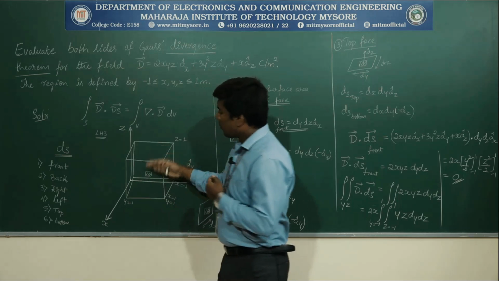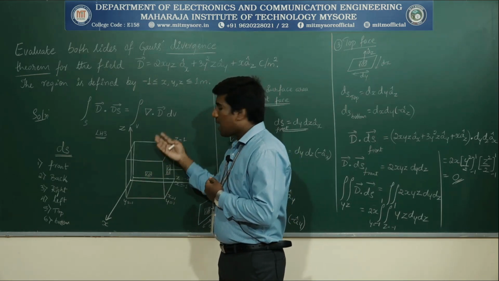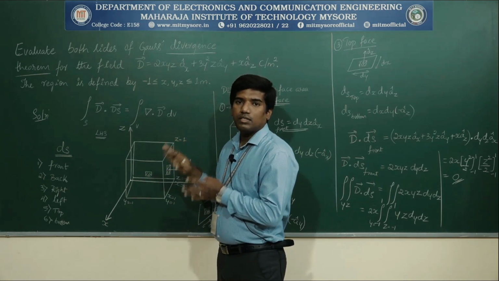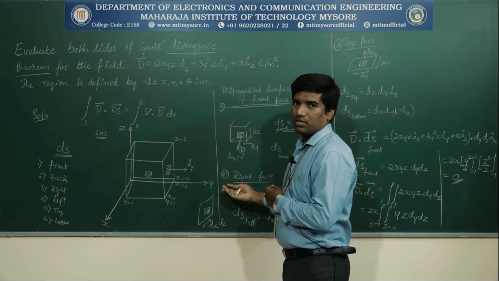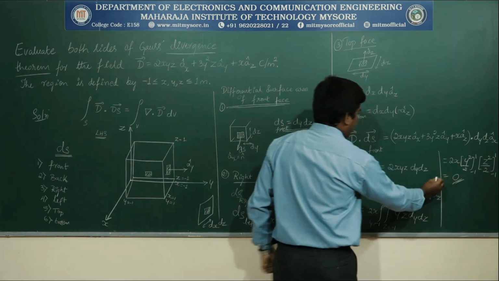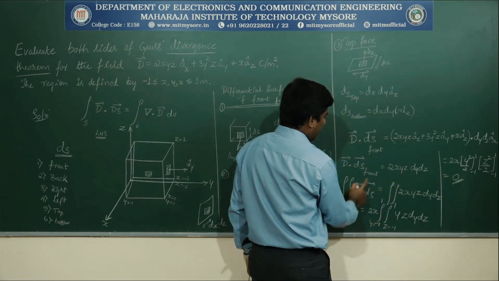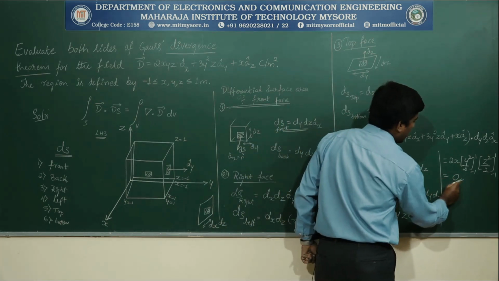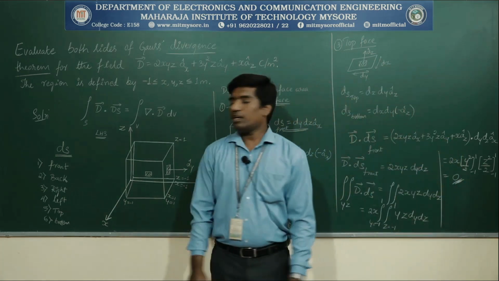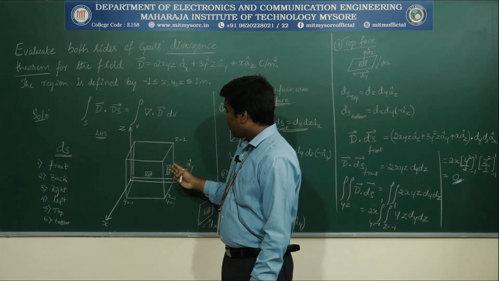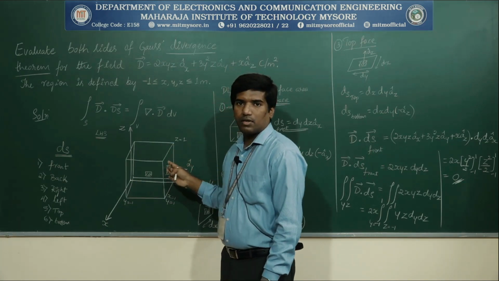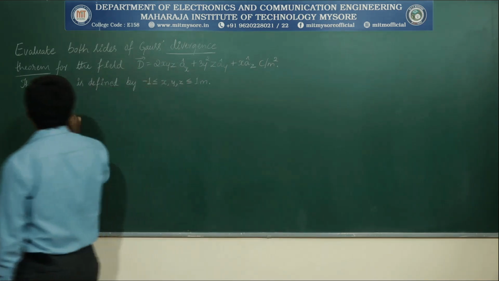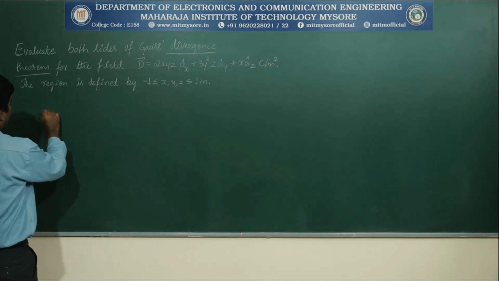That means the total flux obtained from the back surface is also 0, obviously, because only the direction is reversed. So the total flux obtained from the front and back surface is 0. Similarly, we need to evaluate the total flux obtained from the top and side surfaces. Let us continue the problem for the side face.